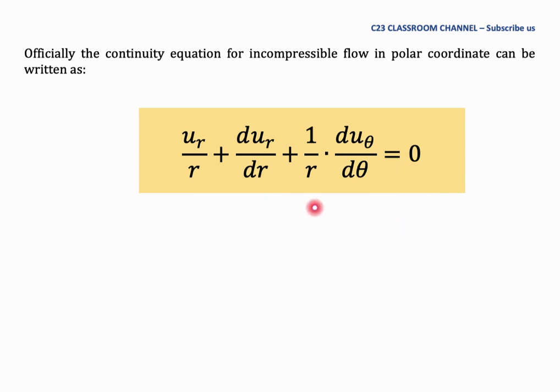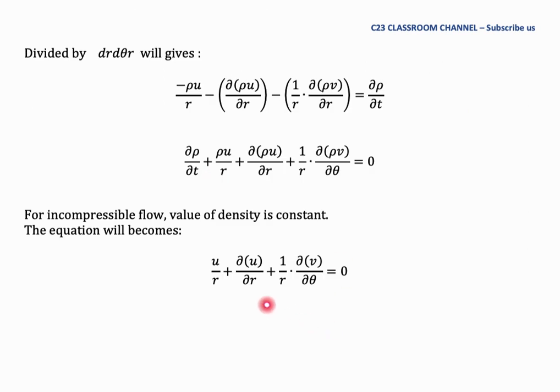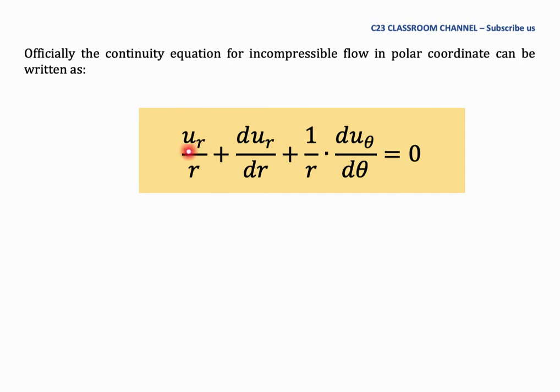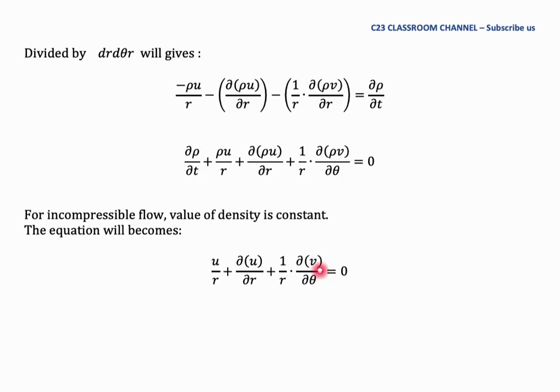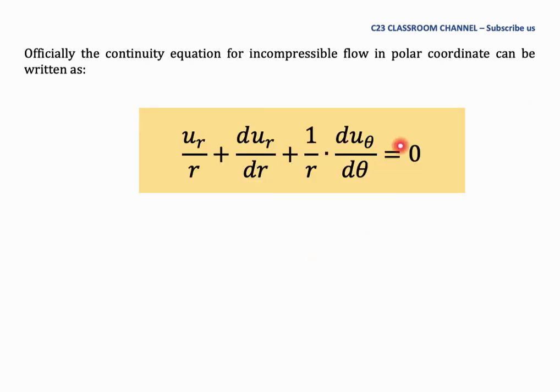So here I change u and v into u_r and u_theta. If you look at this slide, u is changed into u_r, meaning the velocity in the r direction, and v is changed into u_theta, meaning the velocity in the angular direction.